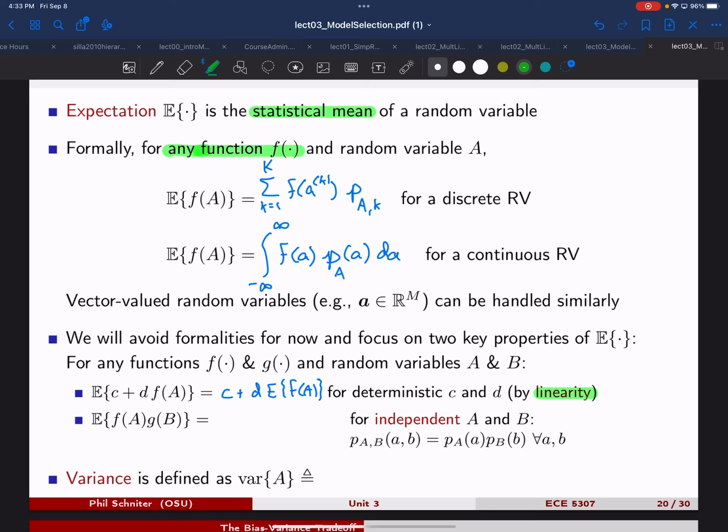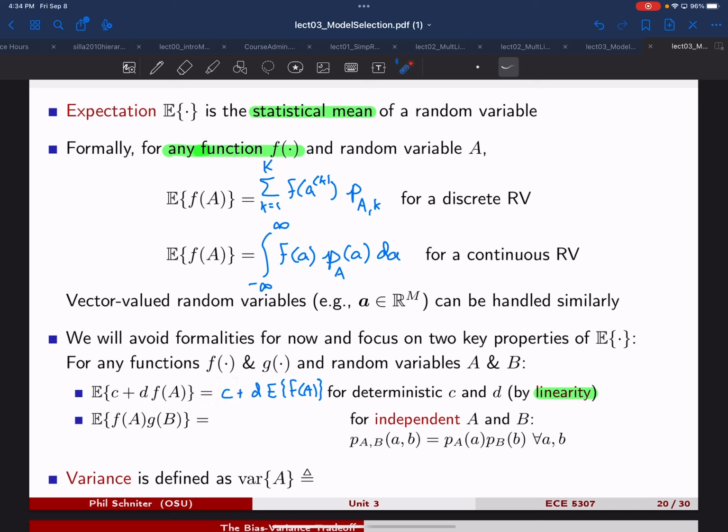Any questions about the linearity property? Professor, why didn't we use the expectation with C? In the linearity property, we used only the expected value for function A. Good question. I think the question is, what happened to this? By the first step of linearity, I'd have the expected value of C. In this case, C is not random.